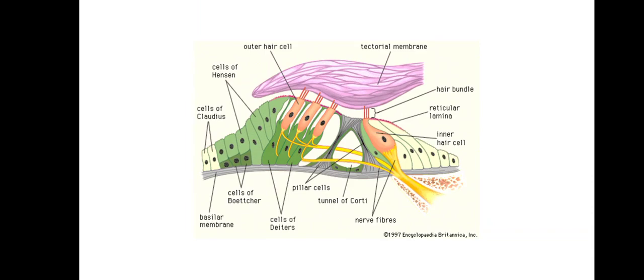You can easily find at the base of the outer hair cells the yellowish color nerve fibers, and these nerve fibers are attached to the vestibulocochlear nerve. These cells are important and are involved in the hearing mechanism. So this is all about the structure of the organ of Corti.